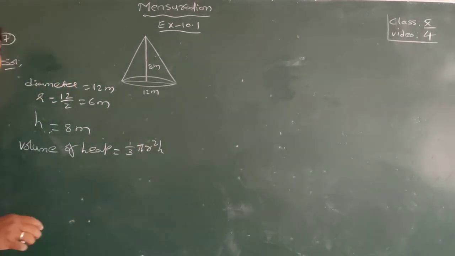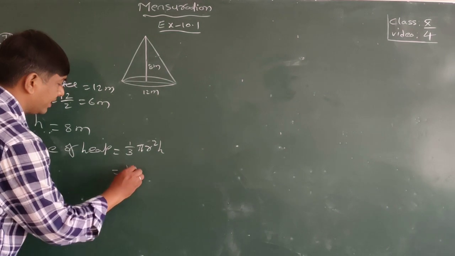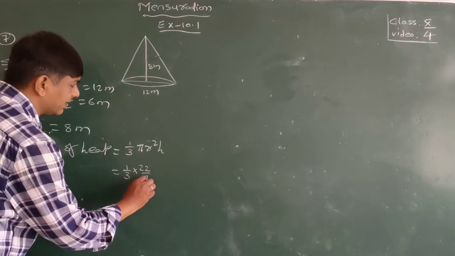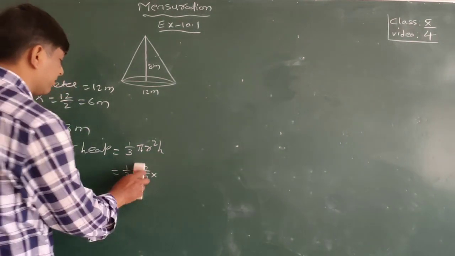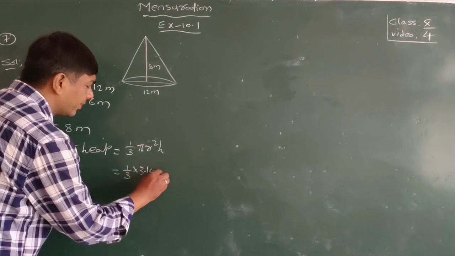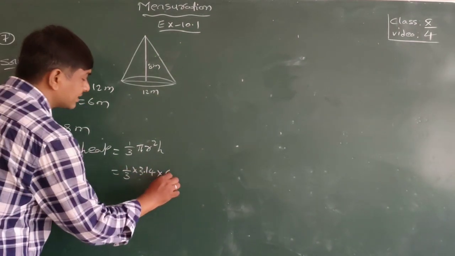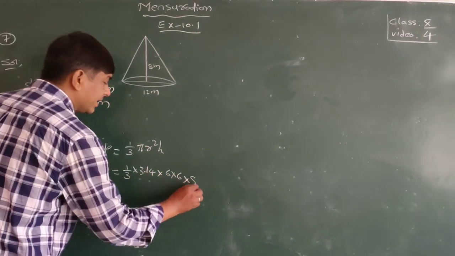Volume of a cone formula is 1 by 3 pi r square h. Did they mention 3.14? Yes, they mentioned 3.14, so I go with 3.14. 3.14 into 6 into 6 into height 8 meters.